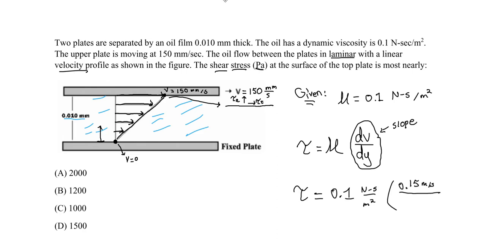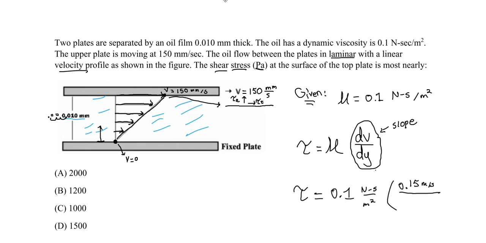And this is divided by the distance, essentially the thickness, which is in millimeters, and we have to convert that to meters. So we move the decimal place 3 to the left: 1, 2, 3.